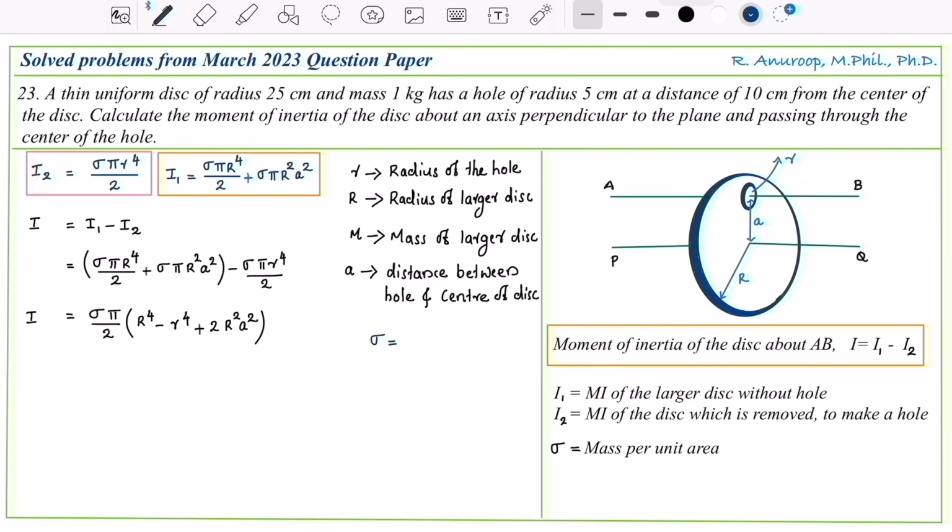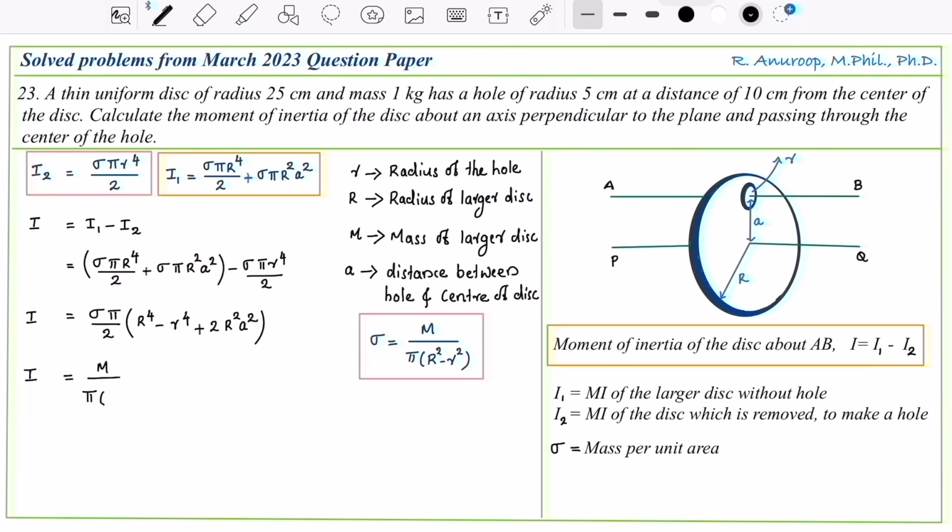Now let us find out the mass per unit area. If capital M be the mass of the disk, then the mass per unit area is M divided by pi into capital R square minus small r square, where capital M is the mass of the larger disk.